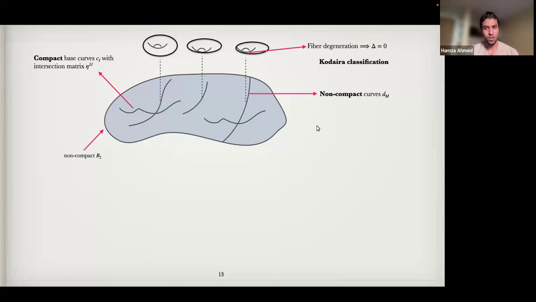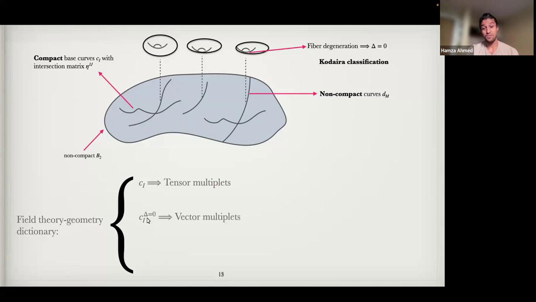So now you can already see I've given you suggestions of what all this might look like from the physics side. And indeed, I can now tell you the geometry and field theory correspondence. These curves, C_i, correspond to the tensor multiplets, as I introduced earlier. The specific curves over which you have this discriminant vanishing, where the singularities for the tori develop, give you the vector multiplets, i.e. the gauge algebras that I introduced.